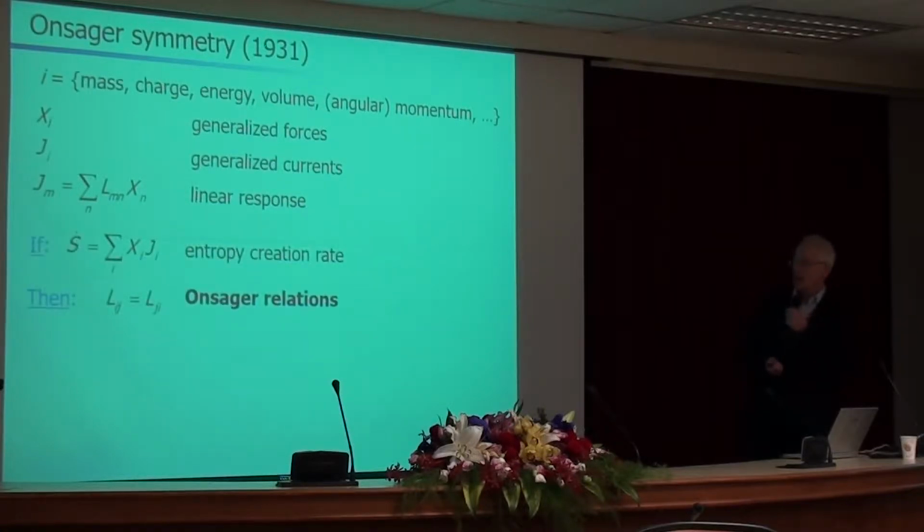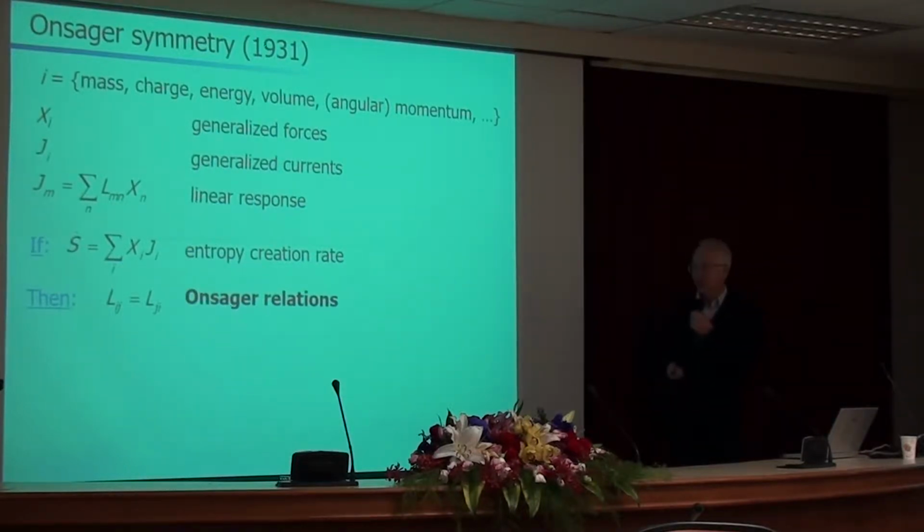If you normalize the currents and the forces such that the sum of their products equals the dissipation, the entropy generation rate, then Onsager proved that this response matrix must be symmetric. The reason for the symmetry is the time reversal symmetry of quantum mechanics, of course, not time reversal in thermodynamics.